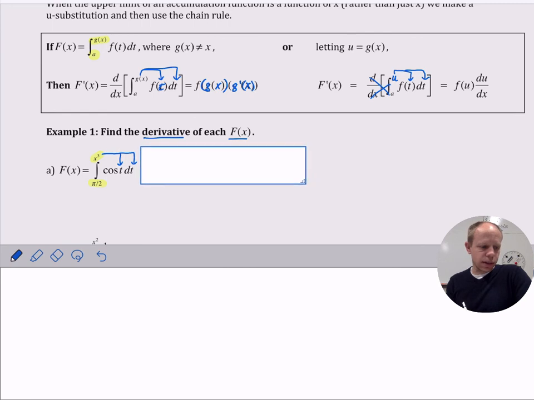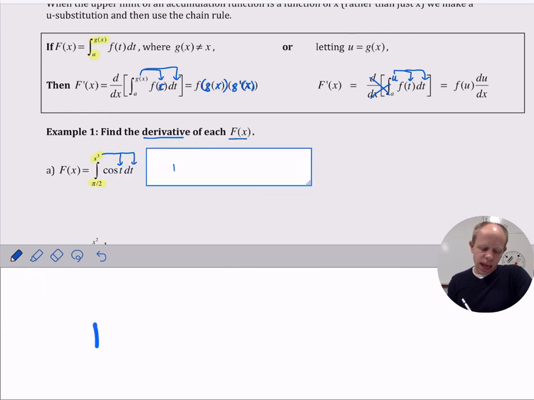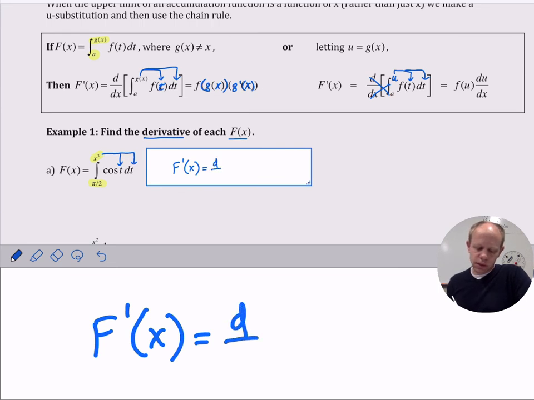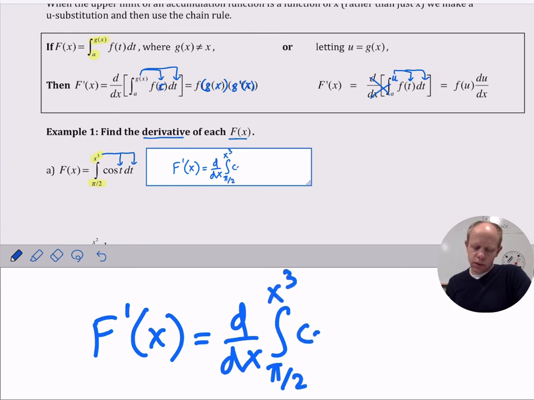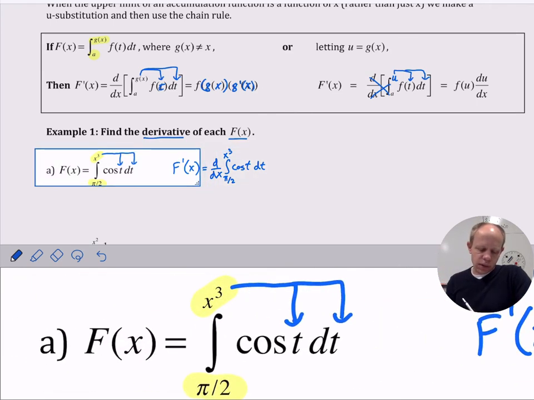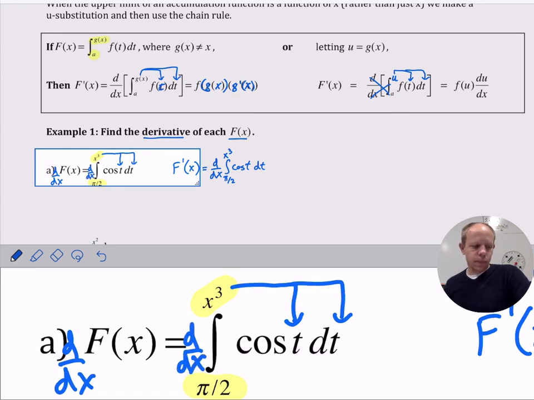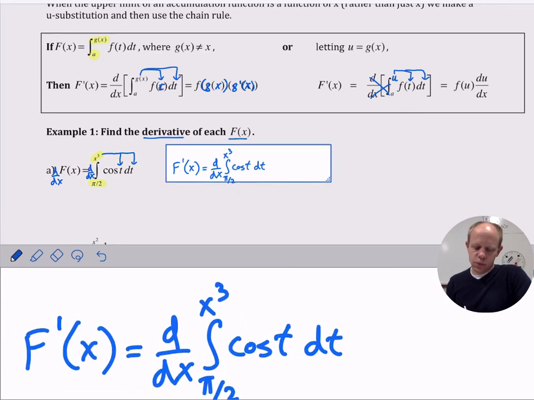We would show it something like this, where we're trying to find capital F prime at x, which is the derivative. So this is the derivative of the antiderivative, pi over 2 to x cubed, cosine t dt. So what tells us to plug it in really is when you have the derivative on both sides. So you could do something like this, and that works as well.